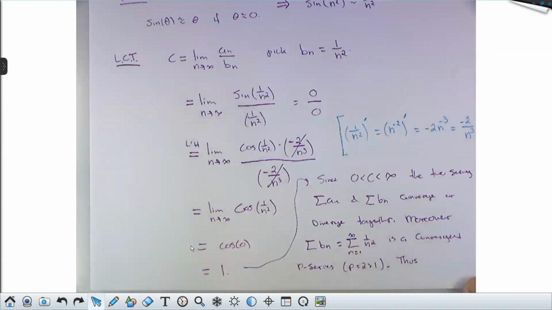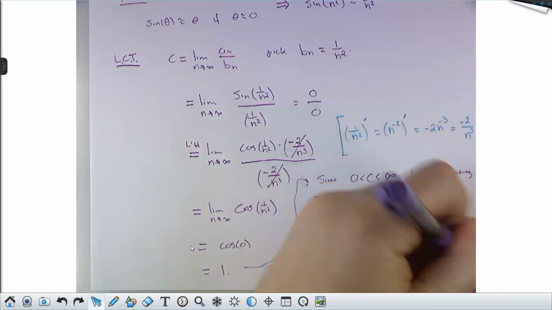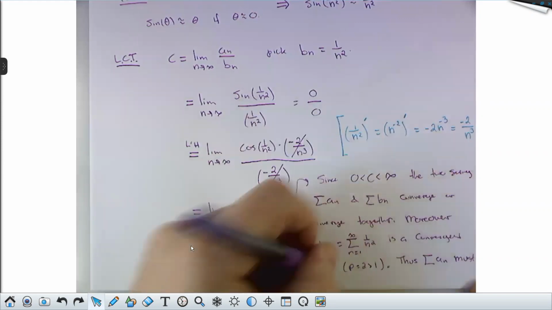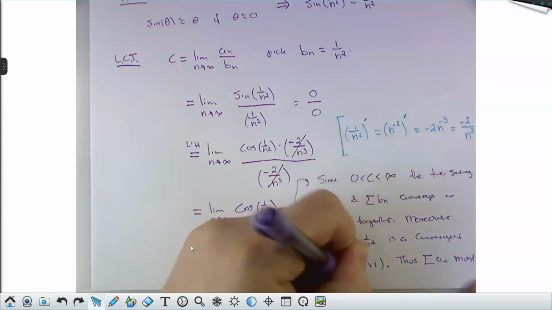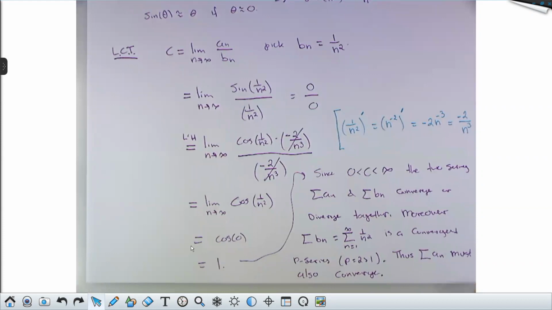Thus, our series, sigma an, must also converge. So our series, sigma sine 1 over n squared, is a convergent series, because according to the limit comparison test, it does the same thing as regular sigma 1 over n squared. Sigma 1 over n squared is convergent.